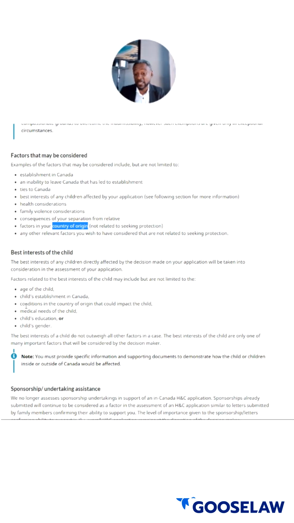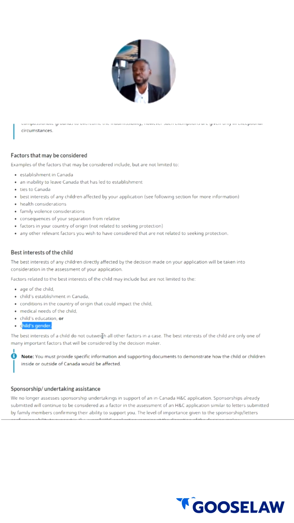Again, the conditions in the country of origin, if the child were to be returned there. If the child has a serious medical condition, those are factors to be taken into consideration, as would the child's education and the child's gender. You know, the gender of the child matters.